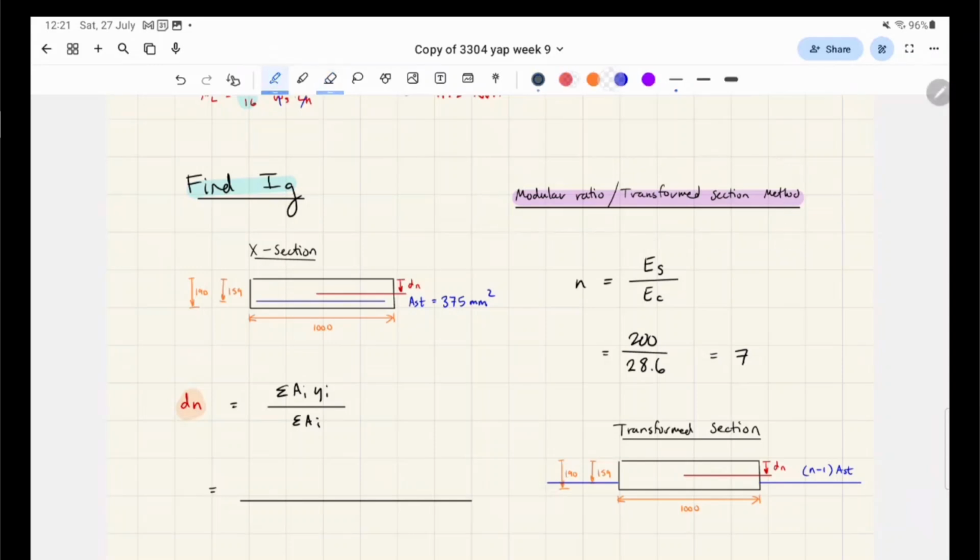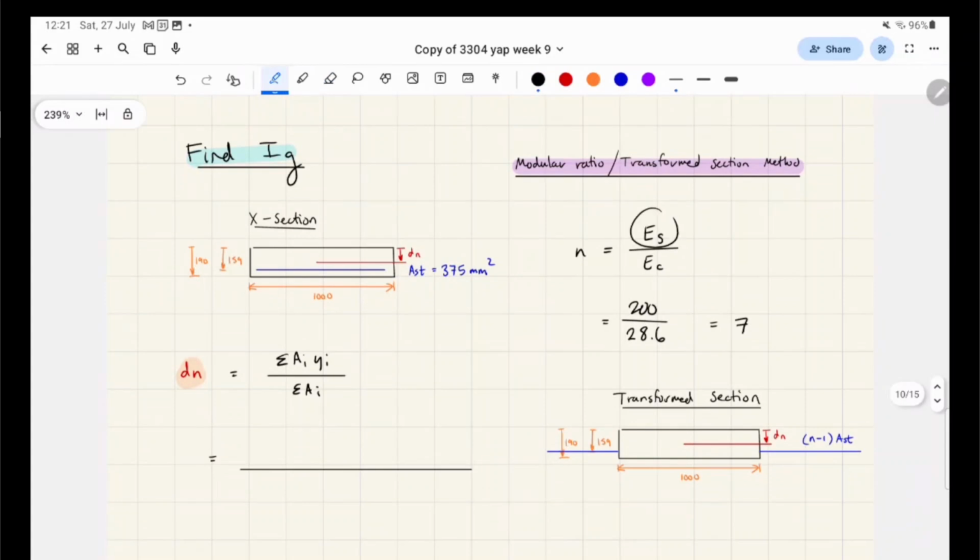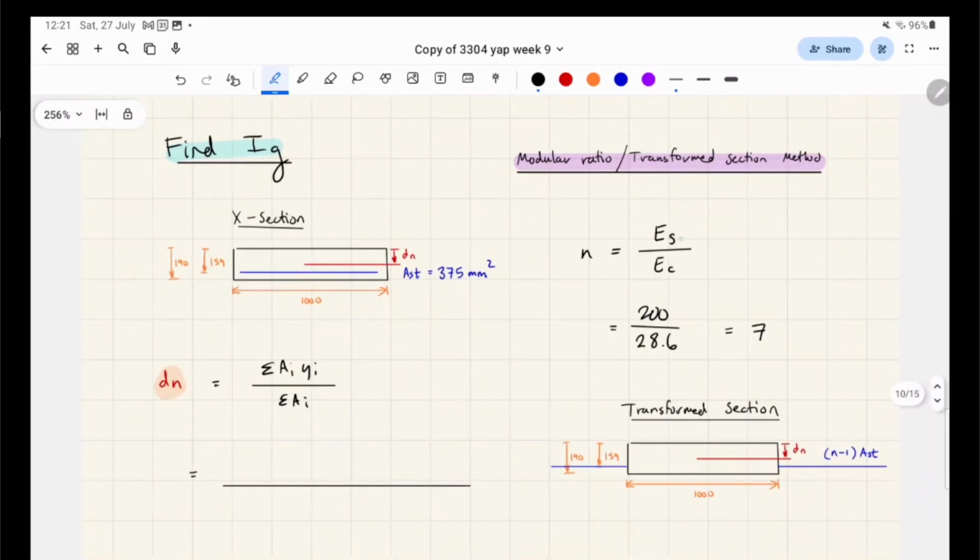We take the modular ratio as the stronger material divided by the weaker material and transform it. Actually, it's not necessarily like that, but for reinforced concrete design, you can remember it like that.